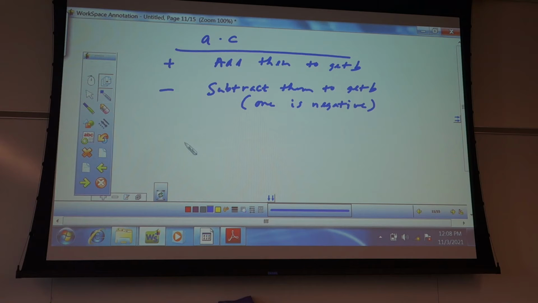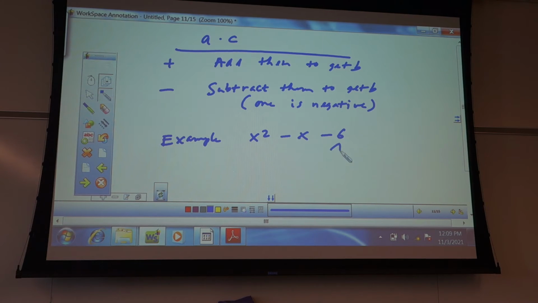So, for example, x squared minus 2x minus 6.